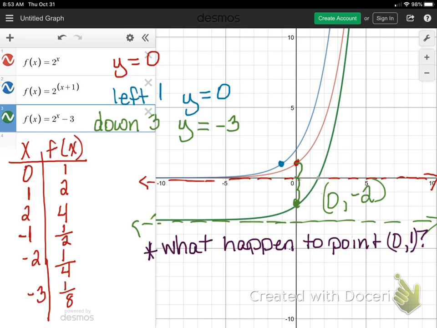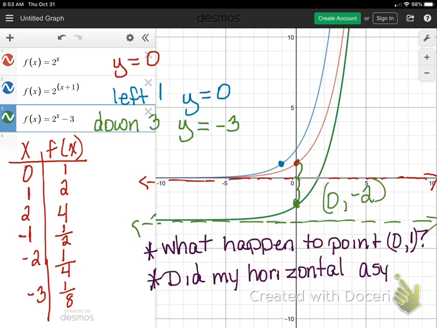The second thing that you want to know is, did my horizontal asymptote move? Those are the things that you're asking yourself when we are talking about translating functions.